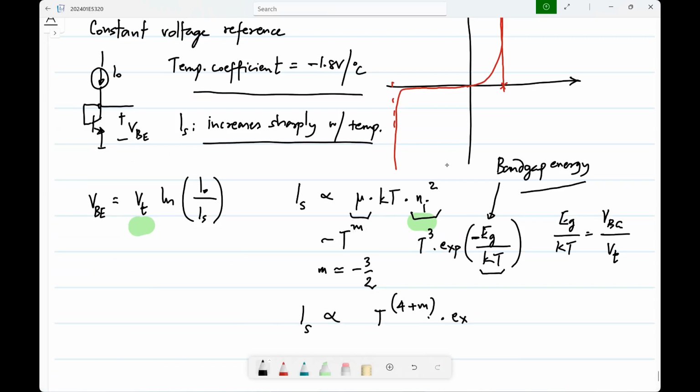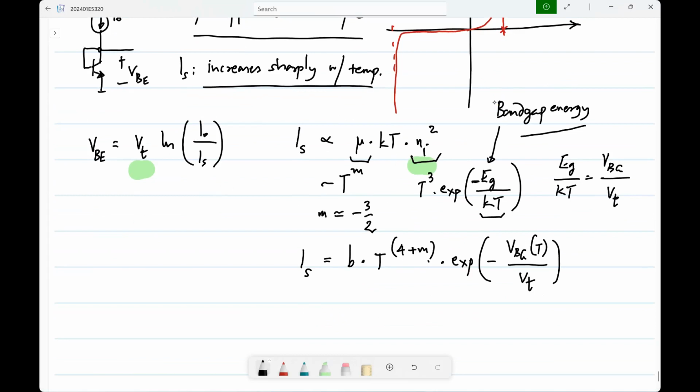And you have exponential of minus VBG, which itself turns out to be dependent on temperature slightly, divided by Vt. Okay. And let me just club all the proportionality constants into some B or something like that, right?